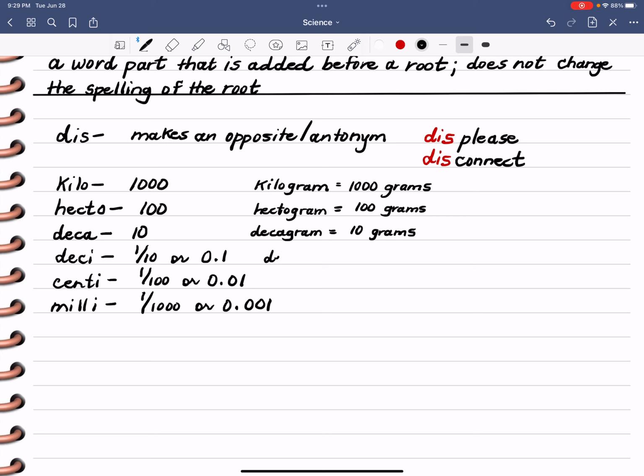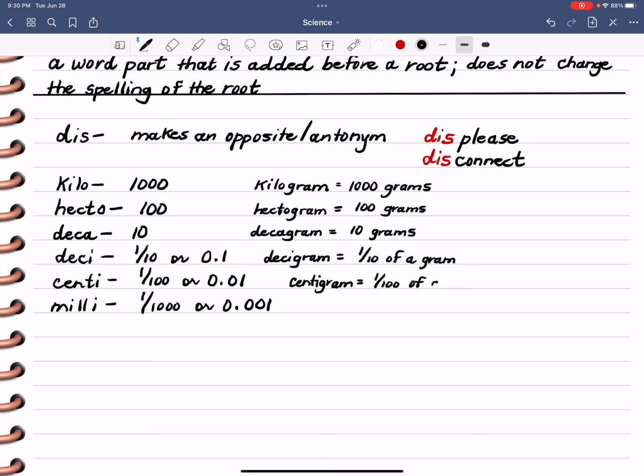A decigram is equal to 1/10 of a gram. Centigram means that I would take the gram and I would cut it into 100 parts.